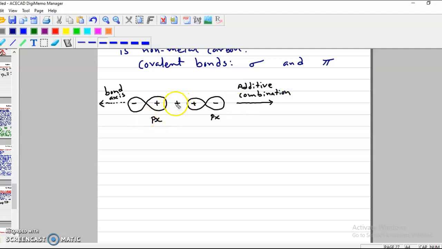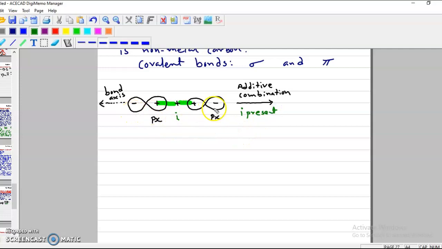Suppose from this center, if we go to the left side we get a positive sign, and if we go to the right side we also get a positive sign. That means at the same distance we have the same positive signs, so this must have I, the center of symmetry. That means here I is present.